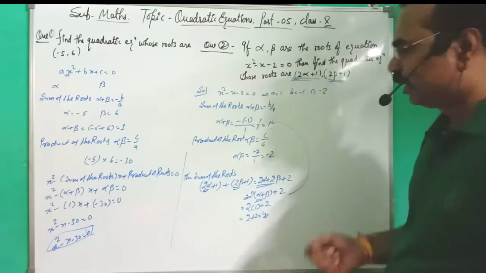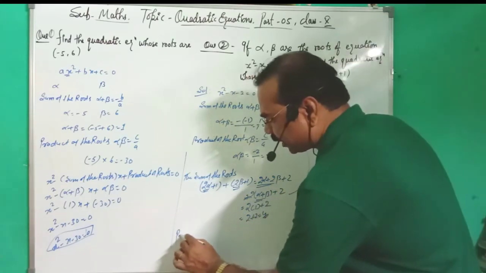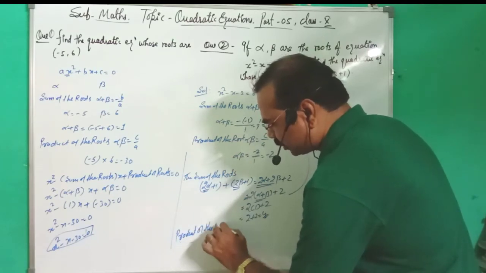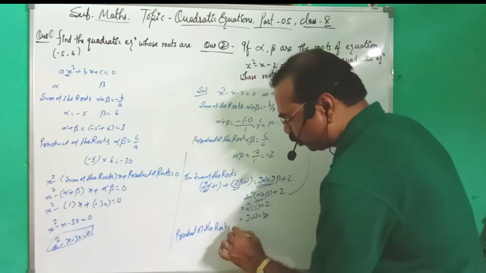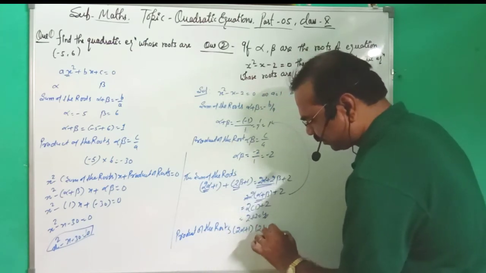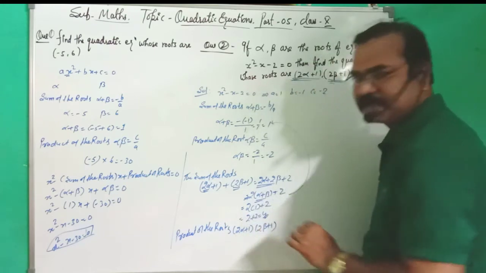Again, you can find the product of the roots. Now the roots given are 2 alpha plus 1 and 2 beta plus 1.